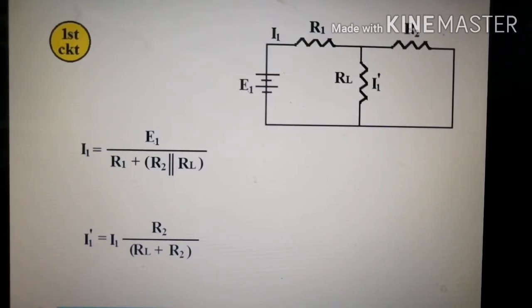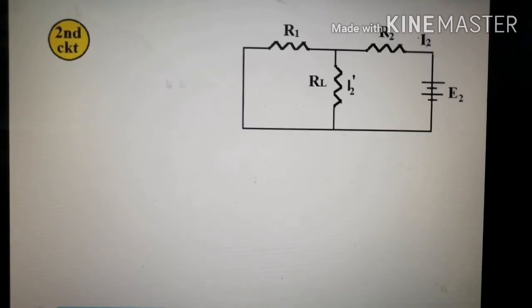Now come to the second circuit. See it very carefully. Here we are taking E2 as a source, and E1 is replaced with a short circuit, because E1 is an ideal voltage source.